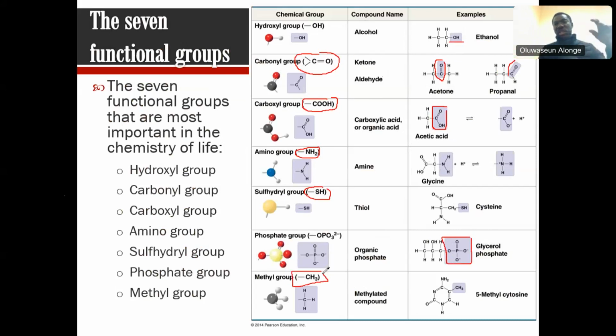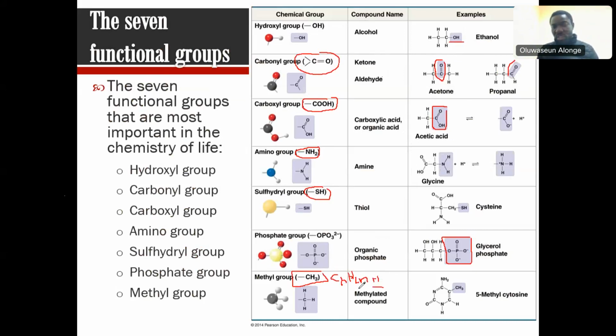So when n is 1, it's going to be C1H2(1)+1, that makes it H3, so that's CH3.